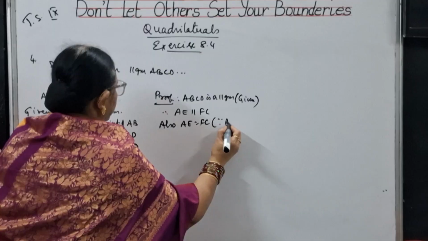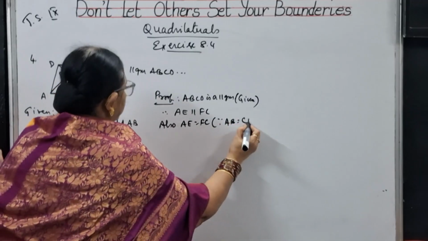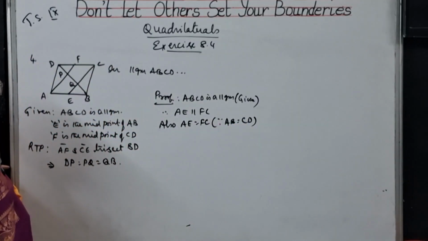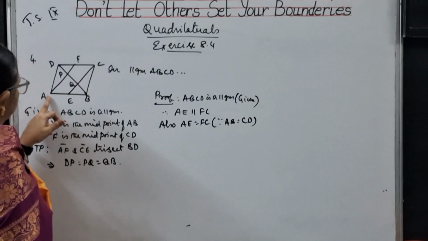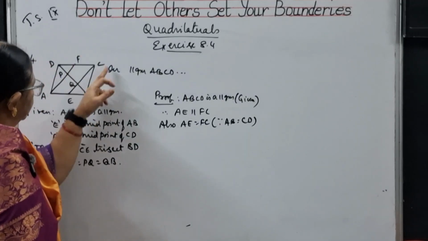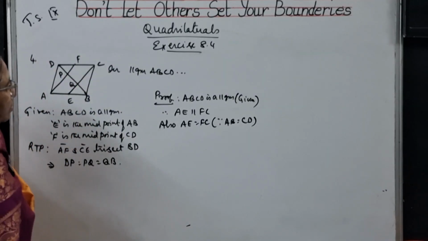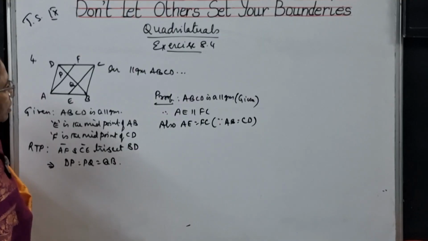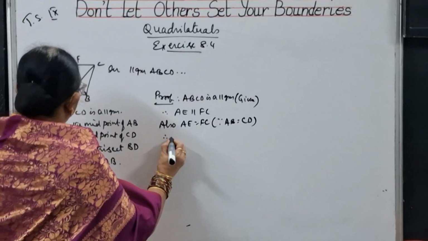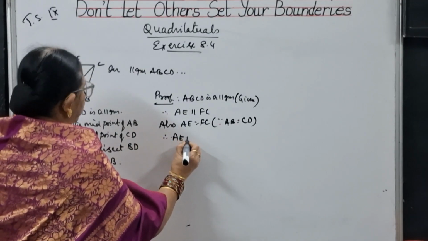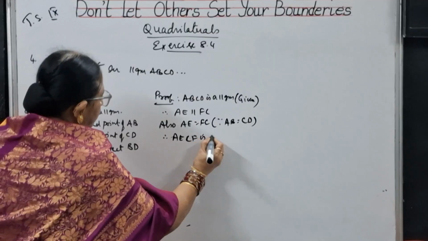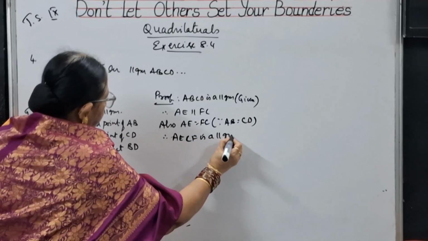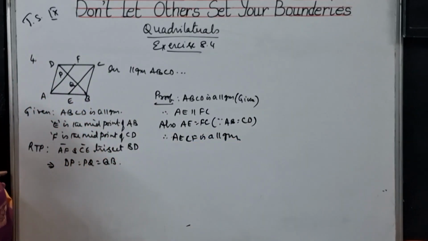Why? Because AB is equal to CD, E is the midpoint of AB, F is the midpoint of CD. Therefore, we will say that AECF is a parallelogram.